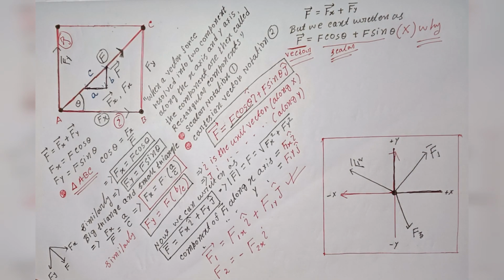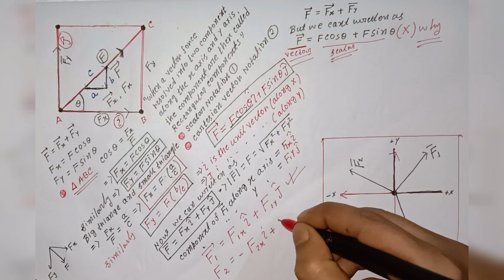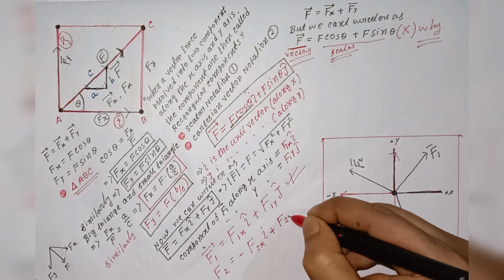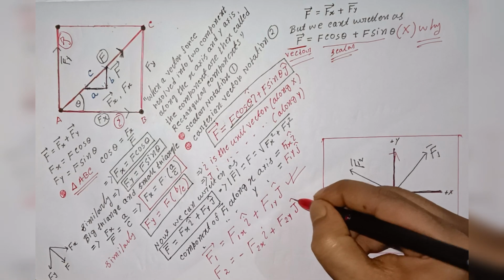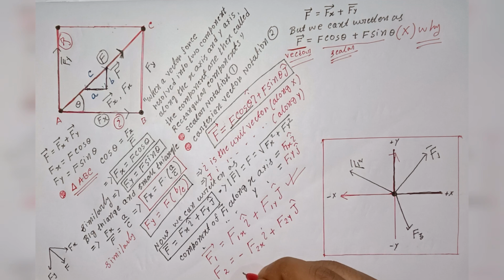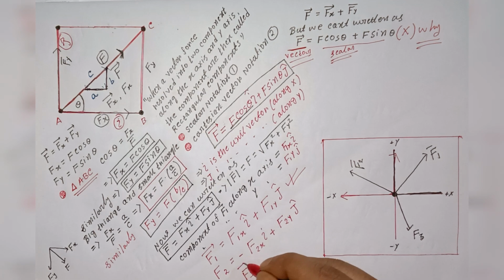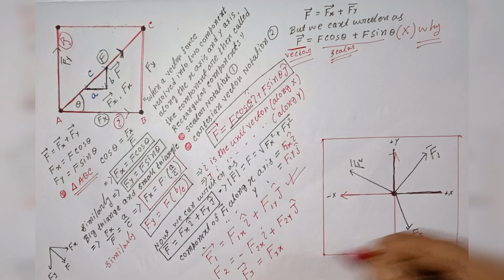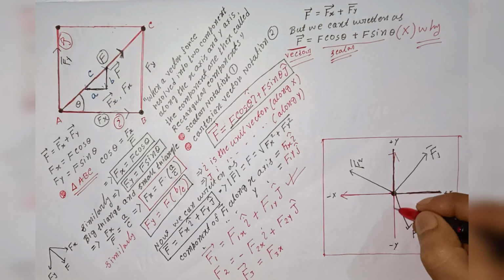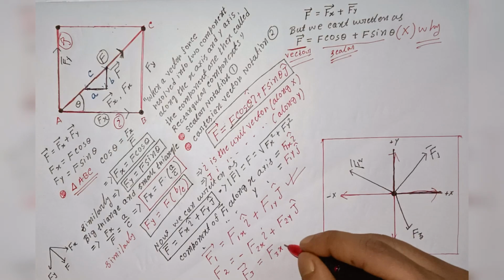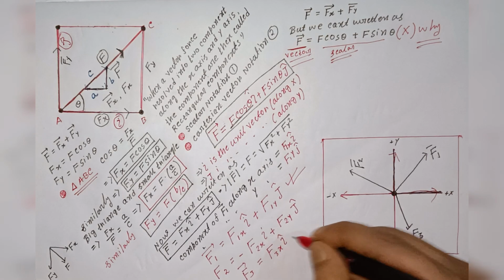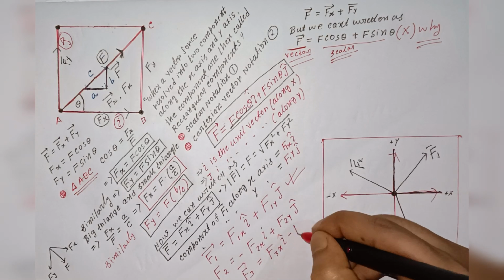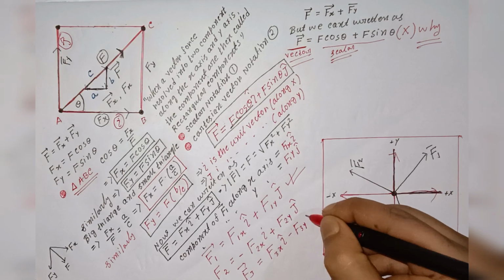That is plus f2y j cap. I think you understand. Similarly, for f3, spot the area first and look at which is positive and which is negative. This area: negative y-axis but positive x-axis. That means fx is positive, f3x i cap, plus f3y with minus, minus f3y j cap, and notation is 3 because of the f3 vector.